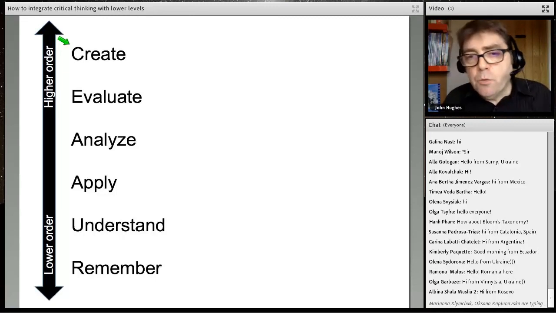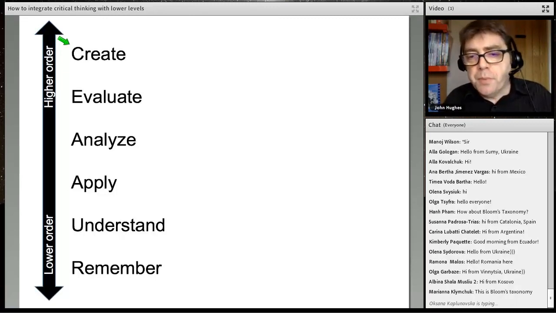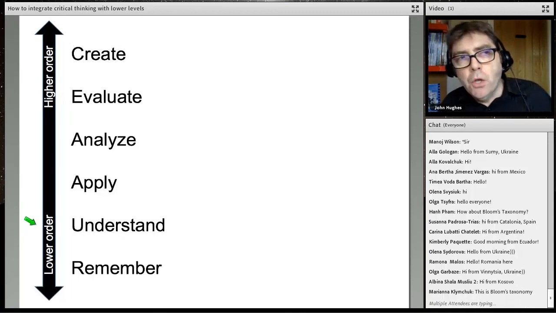So this is basically what higher and lower order thinking is about, and it's kind of Bloom's taxonomy, adapted. Originally, when Bloom invented his taxonomy, he saw it very much as hierarchical. He would say that you can't do higher order thinking until you've done lower order thinking. However, in the 21st century, we don't necessarily believe that.